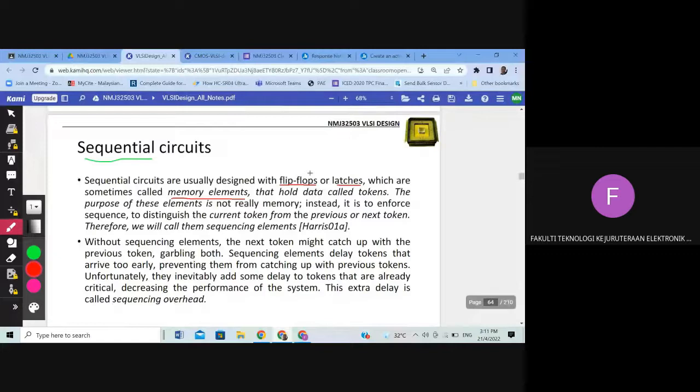Both have clock. Flip-flop has a clock, and latches also have a clock. So the difference is that the flip-flop is edge triggered. Maybe I can type here.